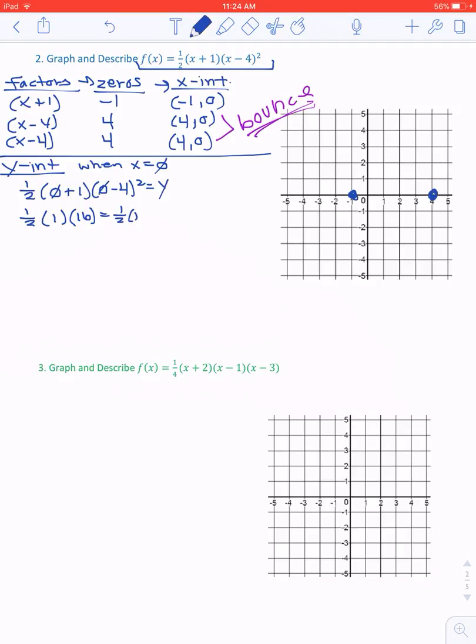So 1/2 of 16 equals 8. So we have a point at 0, 8. All right, so it's way up here. 5, 6, 7, 8. All right? We're going to call that 8 up there. But how do I know how to connect them?